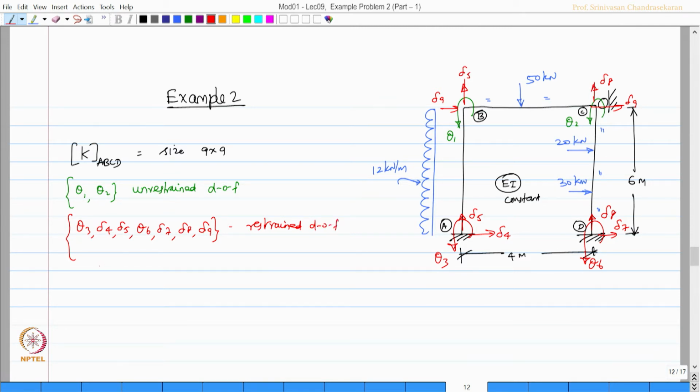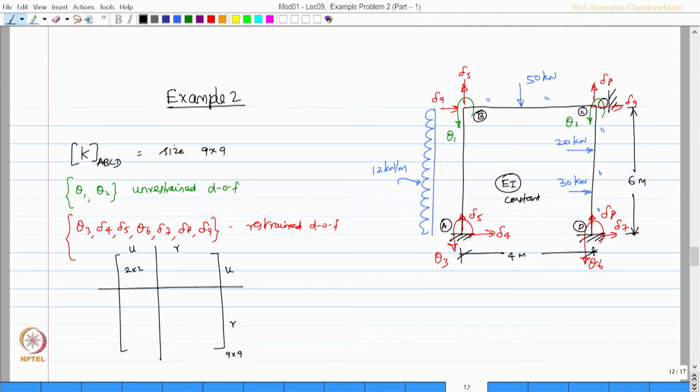Therefore, the matrix will have a partition. The size of the matrix will be unrestrained and restrained. This is unrestrained, restrained, unrestrained, restrained. This will be 2 by 2. The total size is 9 by 9.